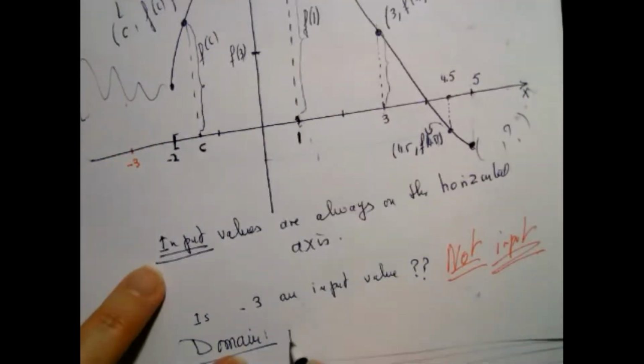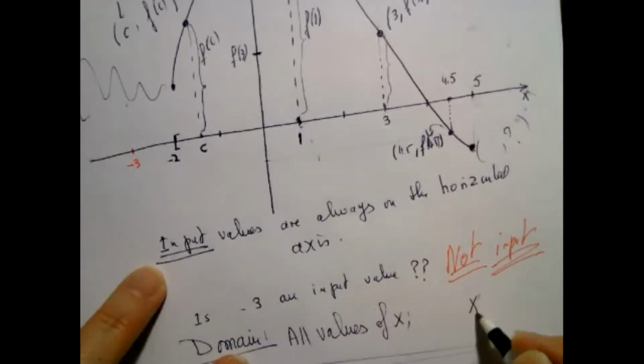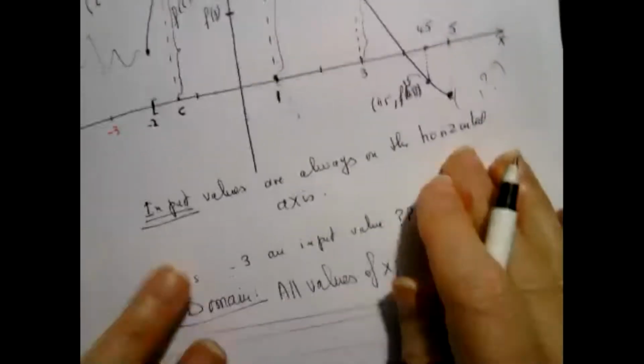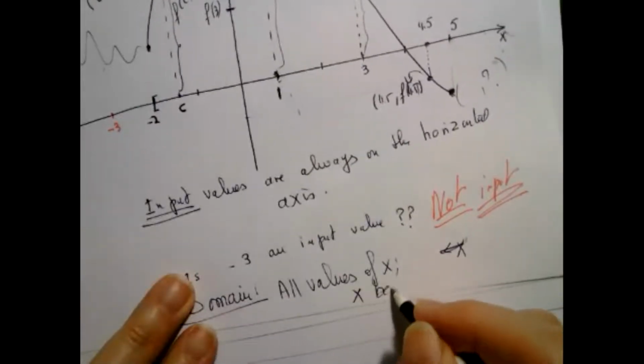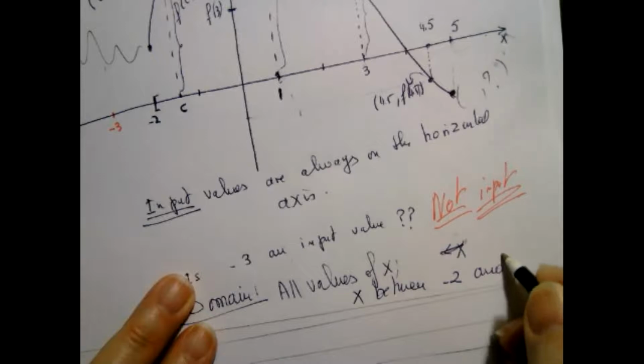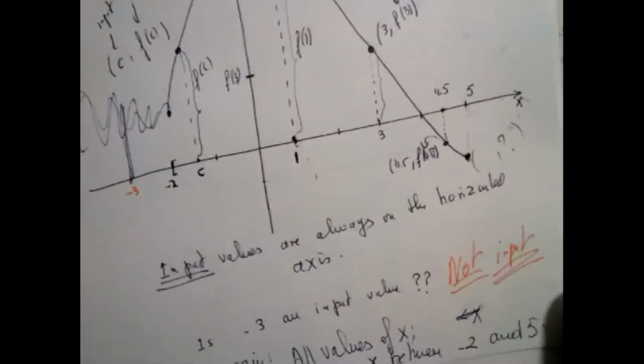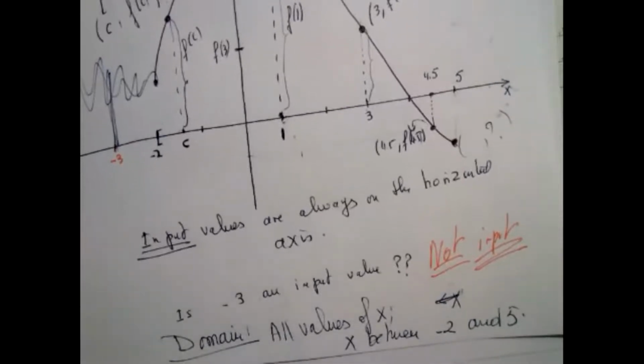So the domain will be all values of x such that x is between -2 and 5. This would be my domain. For -3, there is no graph here, so there is no output for that. So this is not an input value.